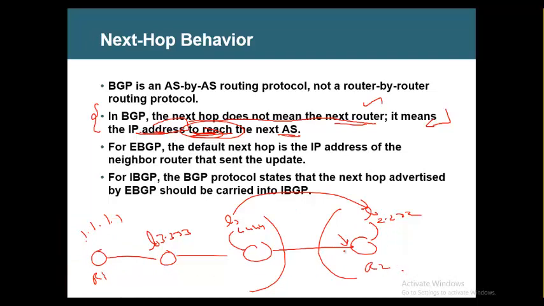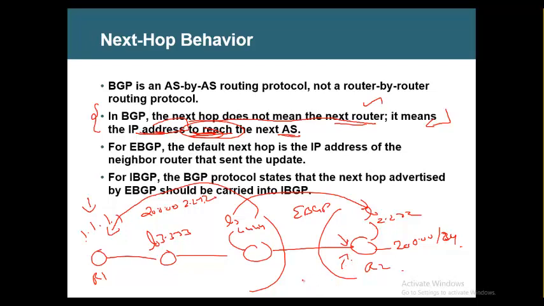So when I learn a network, for example 20.0.0.0/24, when I learn it here on R1, this route is given to eBGP, and eBGP gives it to iBGP like this. 20.0.0.0 has the next hop 2.2.2.2, not this IP address.